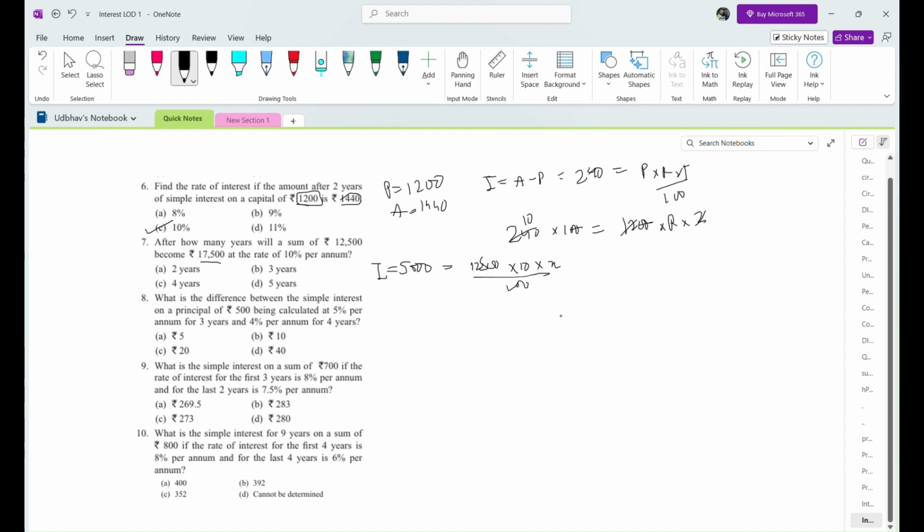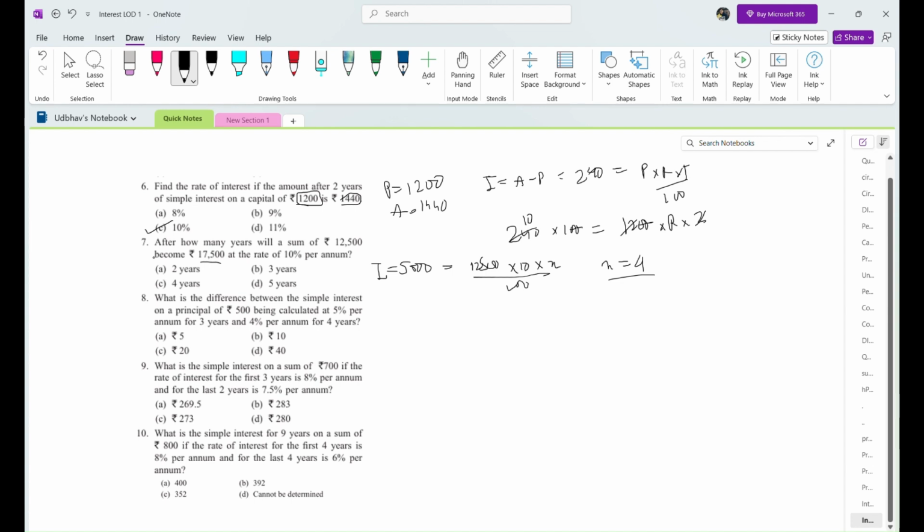So from here we'll get n as 5,000 into 100 divided by 12,500 divided by 10, 4. So n equals 4 years.